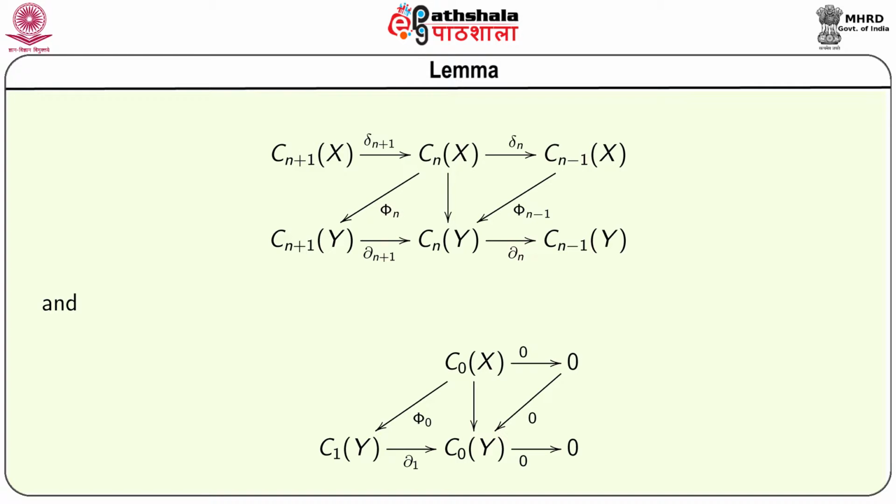If we look at the right triangle, then we will get a function by composing phi n minus 1 with delta n. It is a function from Cnx to Cny.